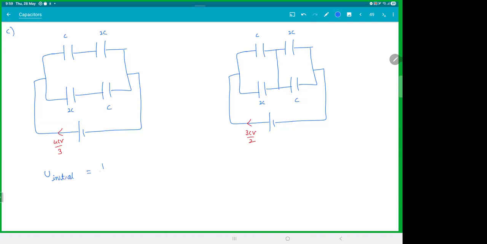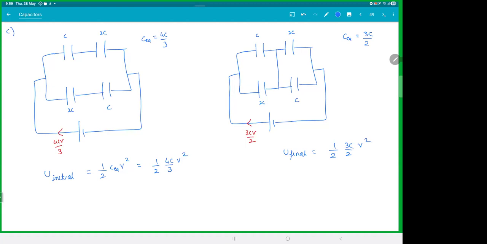U initial is half C equivalent into V square. What is the C equivalent initially? 4C by 3. What is C equivalent finally? 3C by 2. So you can directly get the energy from here. Half 4C by 3 V square. What is the final energy in the system? Half 3C by 2 V square.